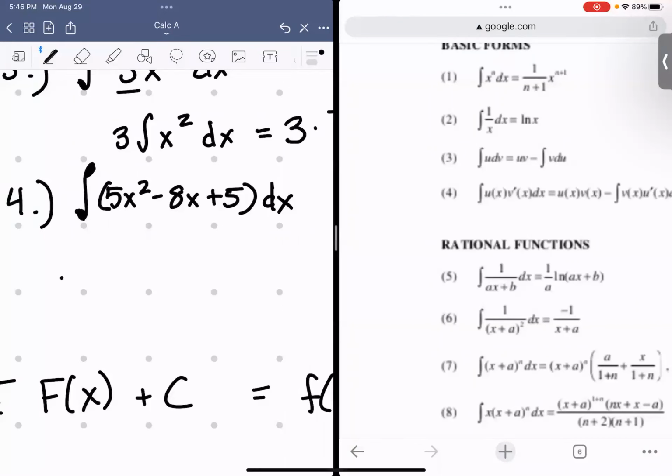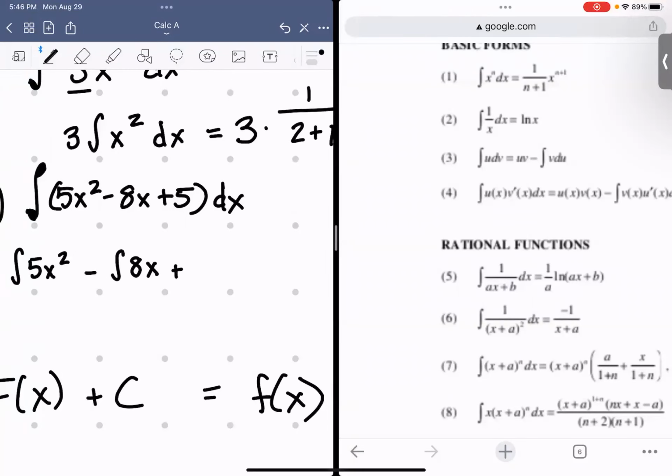You can do integration by parts here, or you can separate each like term and integrate from there. This is dx, dx, dx.